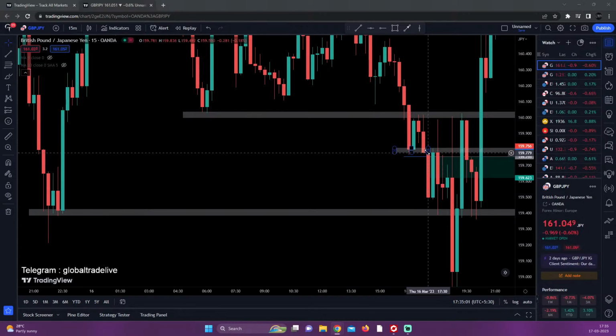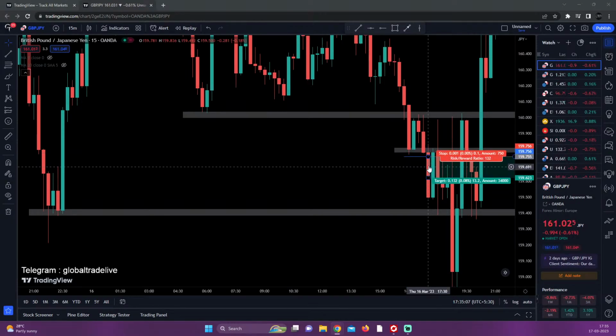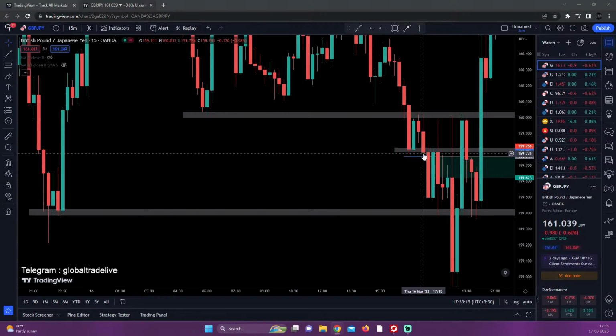Basically what I did in this whole trade was I also managed the risk. When the market was in profit and it went back to the break even level, I closed 50% at the break even level, because the previous candle closed with no wick, and we all know that when a candle closes with no wick on the bottom or the top, the chances of going in that particular direction are really low.